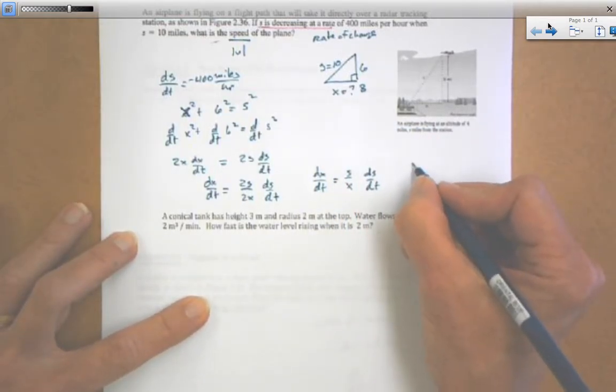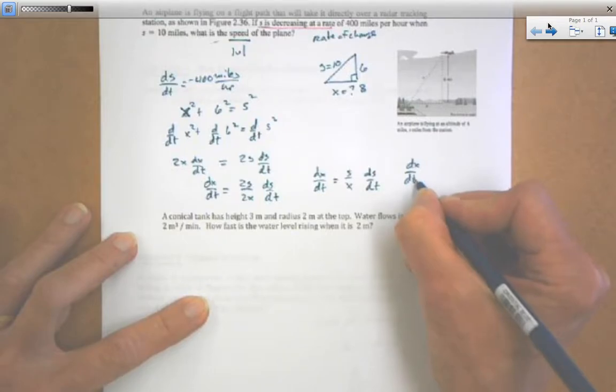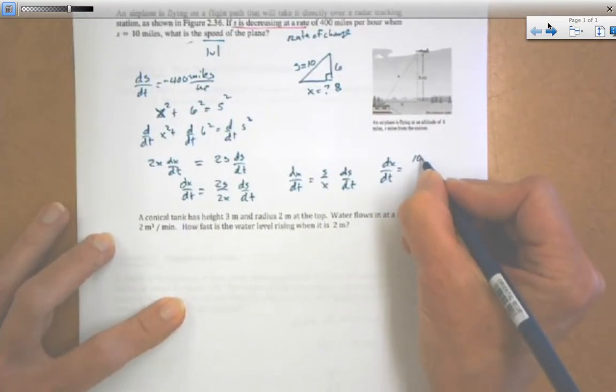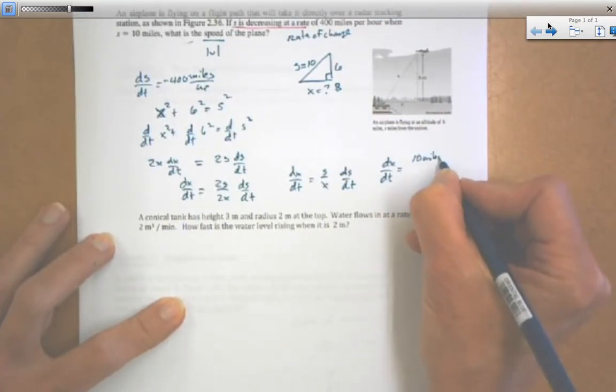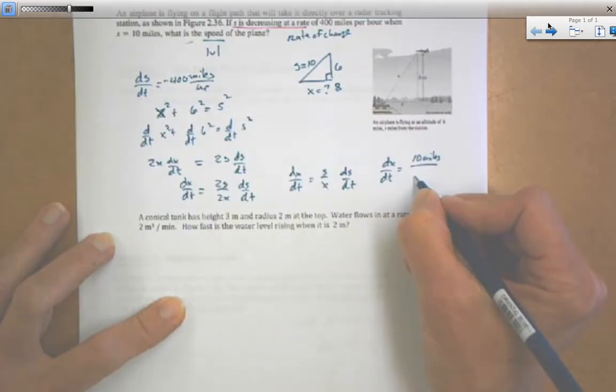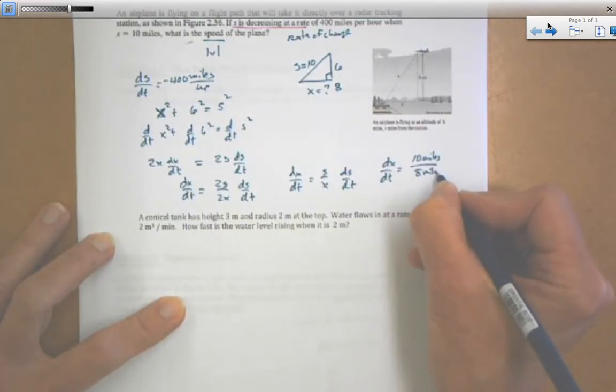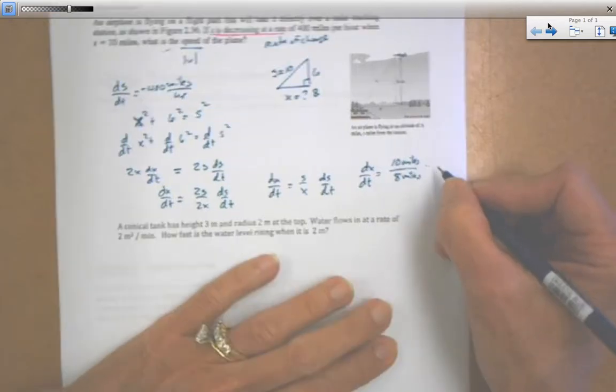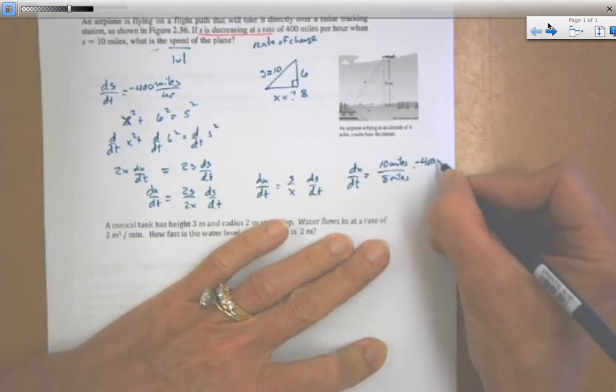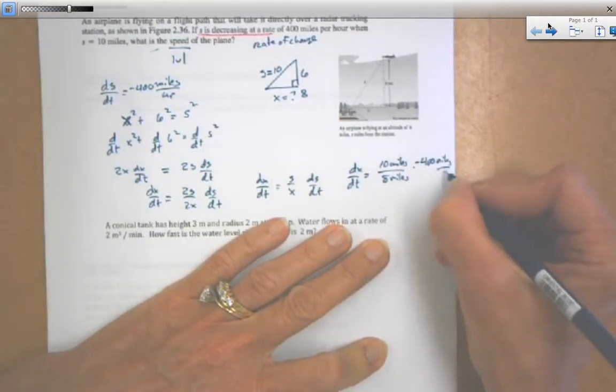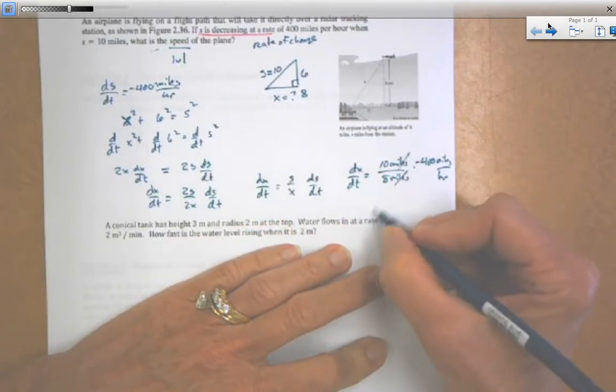So then I can plug in that information. dx/dt is equal to 10 miles over 8 miles times dS/dt, which is negative 400 miles per hour. The miles are going to drop out.